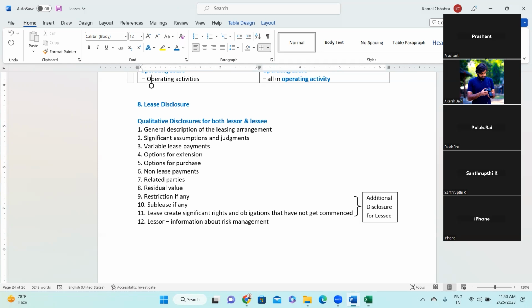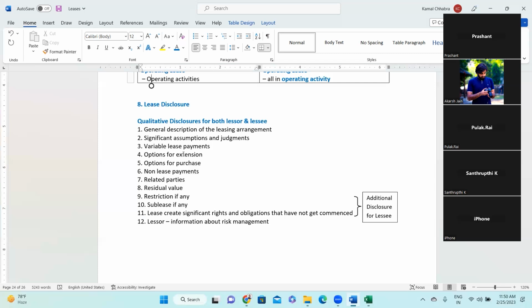If there is any option for extension of the lease, you need to mention that. And option for purchase: if at the end of the lease term there is an option, or you can say a right or material right available to purchase the asset, then you need to give the disclosure of the same. Next is non-lease payment. If there is any non-lease payment, that also needs to be separately disclosed.